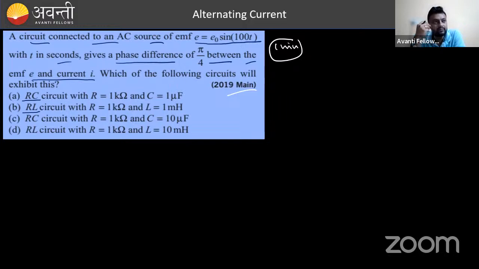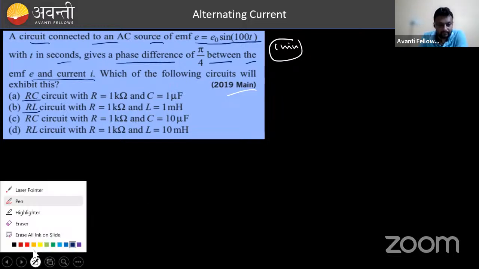If they had given that EMF is leading by 45 degree, then the circuit is going to be RL. But here nothing is mentioned, so you need to check for both RC and RL. Is this point clear?